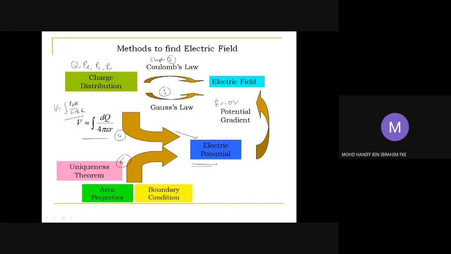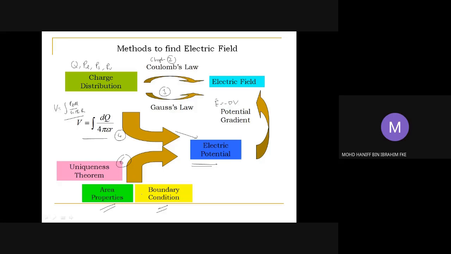Number one, we need to have the area properties. And number two, we need to have the information about the boundary conditions. So if your given problem has these two important pieces of information, the area properties and the boundary conditions, only then can you use the uniqueness theorem.